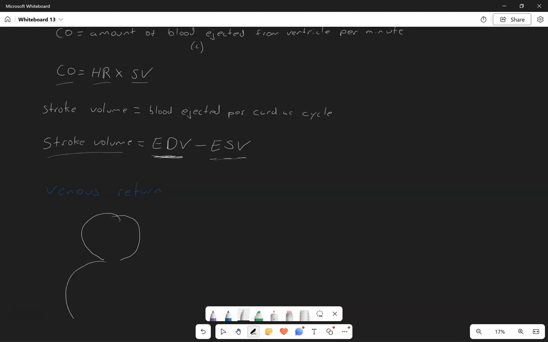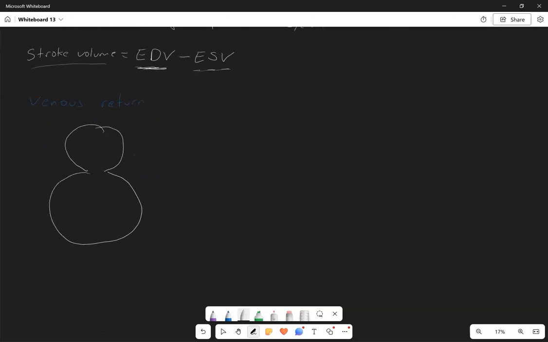And then we've got a very large ventricle, so we're going to do it like this. Okay, now then remember that our ventricle pumps out into a vessel. Okay, so we've got a valve here, that's our atrioventricular valve, and then remember we've got our SL valves here between the ventricles and the chamber. Okay, so blood is going to come back, it's going to get returned into the atria, and it's going to flow down into those ventricles.